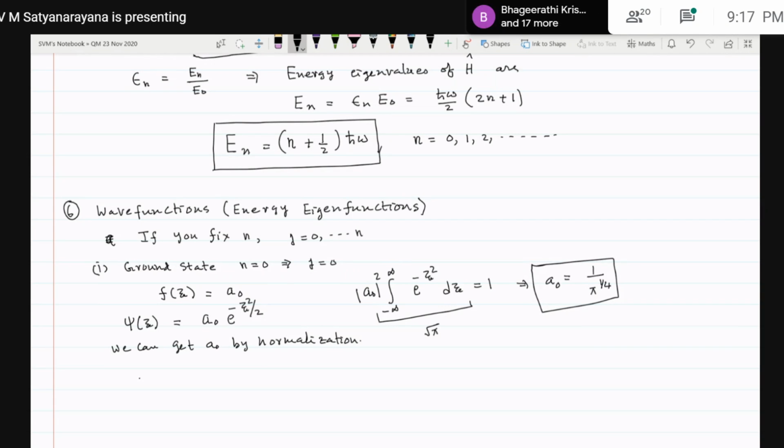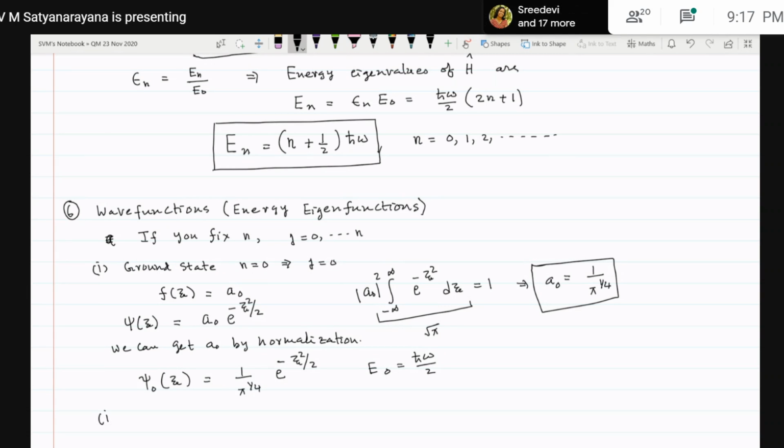So the ground state wave function, which I will call psi0 of xi, is equal to 1 by pi to the power 1 by 4 into e to the minus xi square by 2, with an energy E0 as h cross omega by 2. So this is what you have for the ground state.